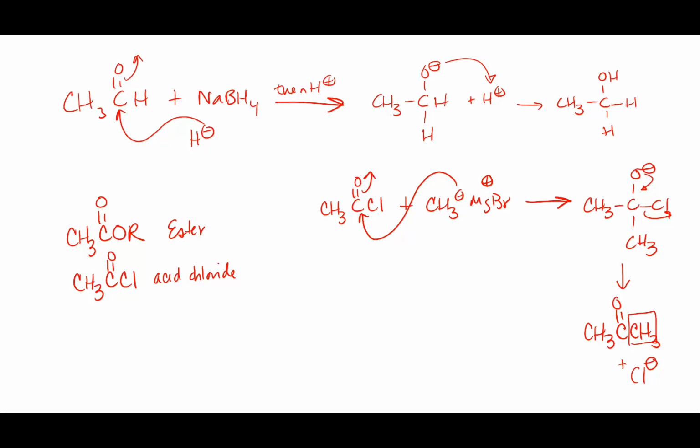So when there's a potential leaving group, and it doesn't even have to be a good leaving group, the OR group of an ester could leave as well. This will kick it off and it'll reform the carbonyl. Now here's the problem. I want to add one molar equivalent of Grignard and acid chloride.